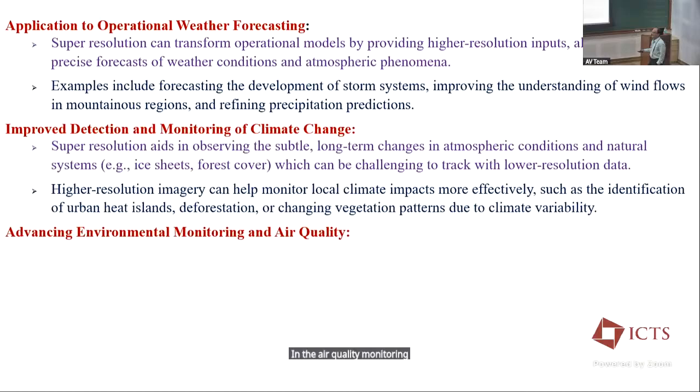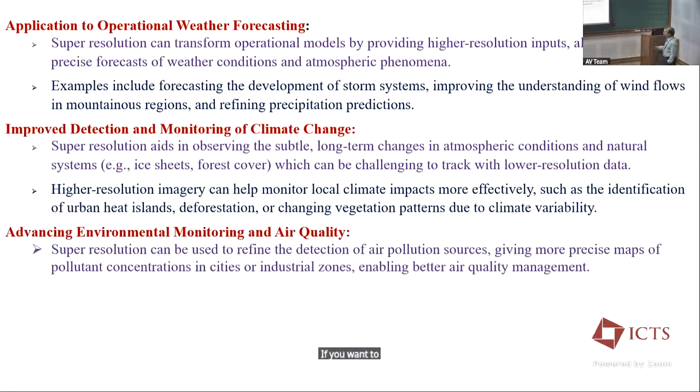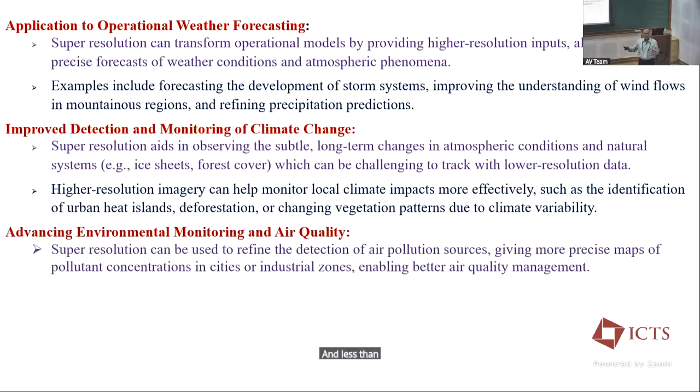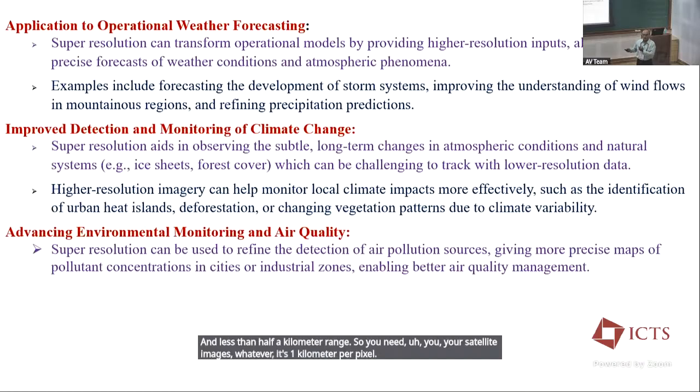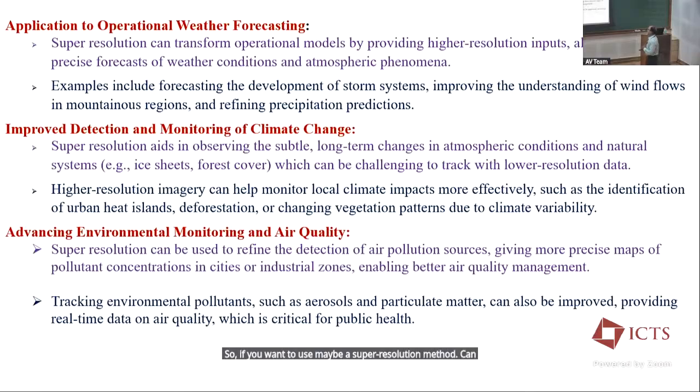Super resolution again becomes a very handy tool for air quality monitoring. If you want precise maps of pollutant concentrations in cities or industries, which may be in less than half a kilometer range, and your satellite images are 1 kilometer per pixel, then a super resolution method can become handy.